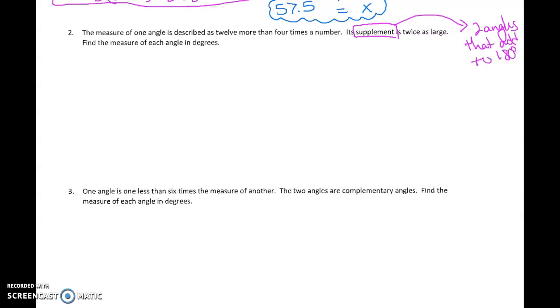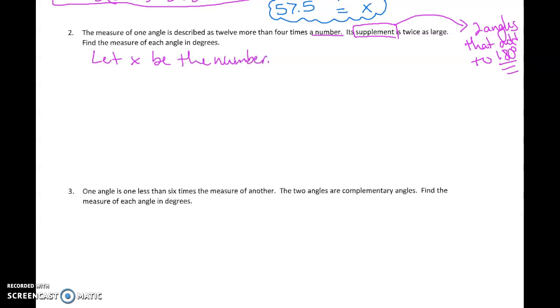So if you ever see the word supplement, it means they have to add to 180 degrees. I'm focusing on this part that says a number. So I'm going to say let x be the number.